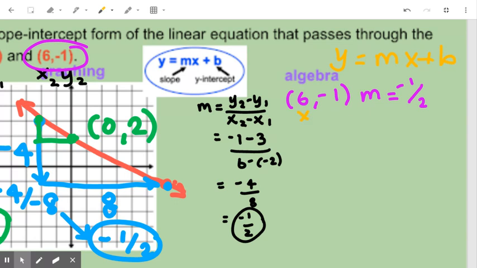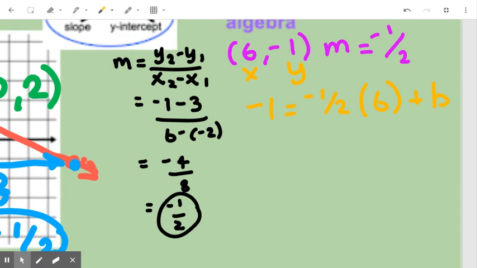This is x, this is y, this is m, and we're going to find b. So I have -1 equals -1/2 times 6 plus b. Solving, -1/2 times 6 is -3, plus b is -1. If I keep solving, that tells me that b is 2.